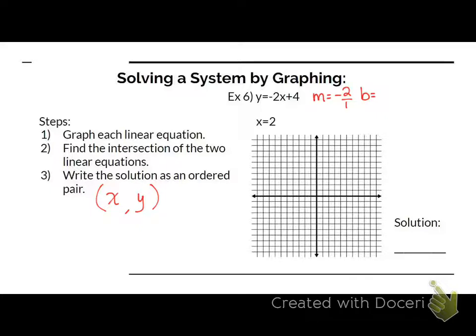It's okay. B is 4. You start it on your y-axis. This is the most common error. People want to start it on their x-axis. Don't do it. Start on your y-axis at +4. Put a point. Who can tell me where I could go to get more points?